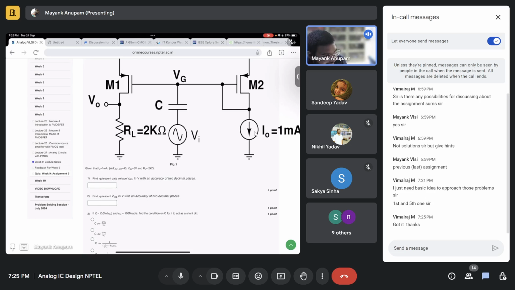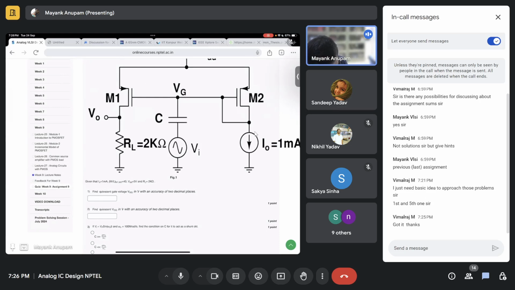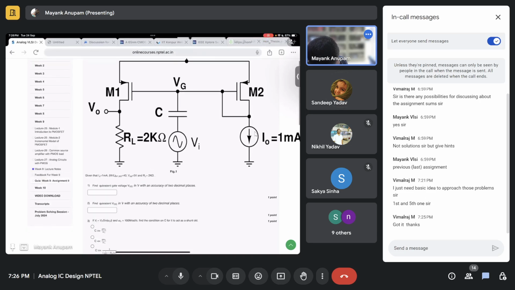It is actually short, right? You understand this point, isn't it? It should be a short circuit. What is the condition of the capacitor for it to be a short circuit?